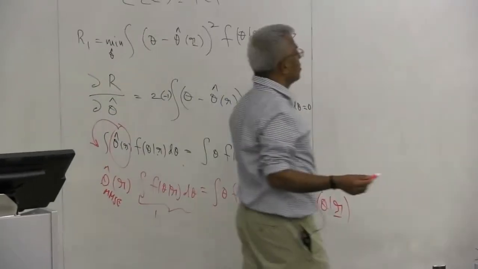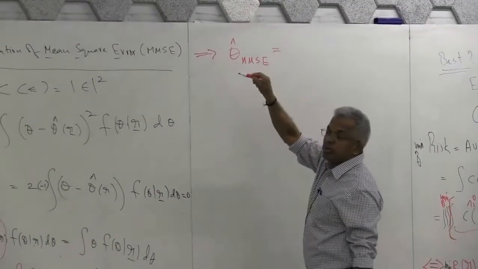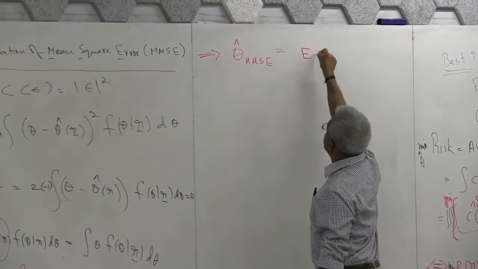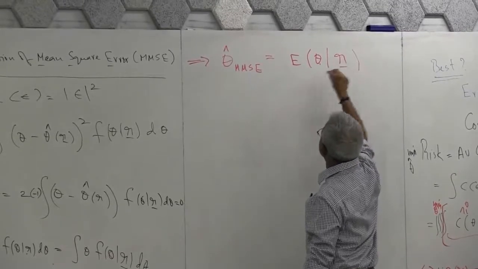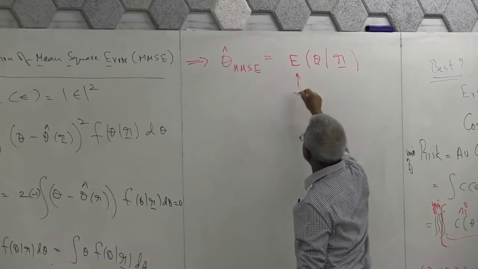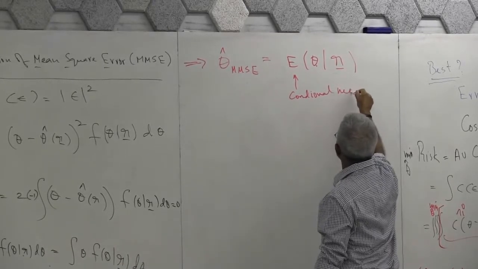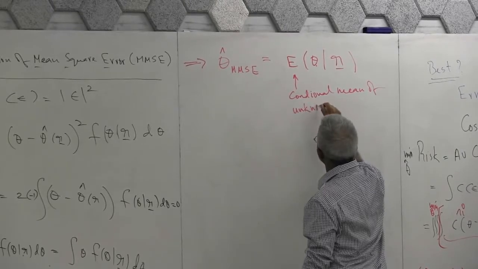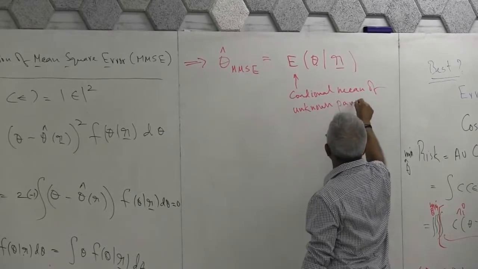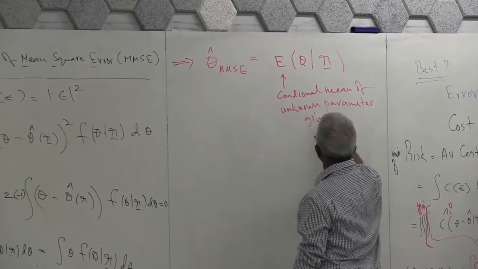So this is a very classic result. The best estimator, which minimizes the mean squared error, is the conditional mean of the unknown given the data. So of course you read this as conditional mean of unknown parameter given the data.